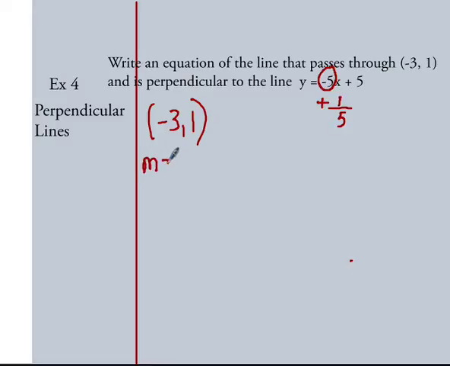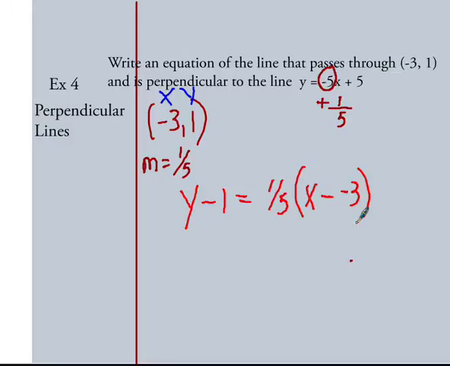So m equals 1/5. And just so you know, this is the x, this is the y, just so I don't make a mistake. Y minus 1 equals, my slope is 1/5 times the quantity x minus a -3. Y minus 1 equals 1/5 x plus 3. And we're done with that one.